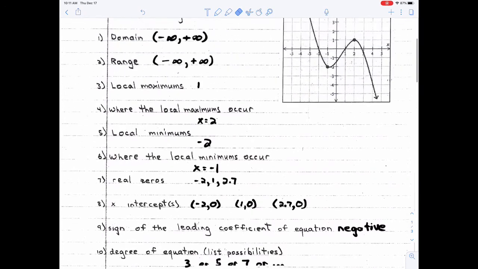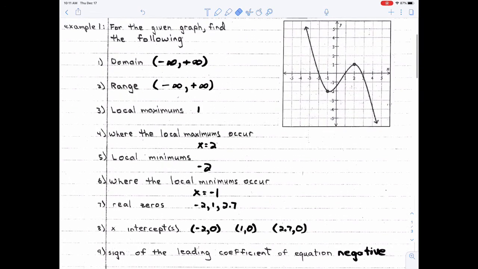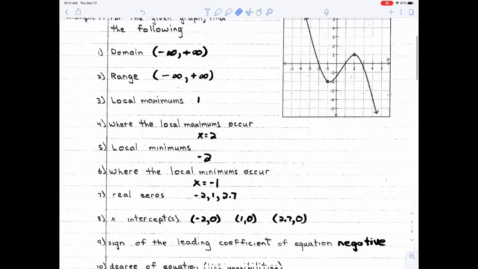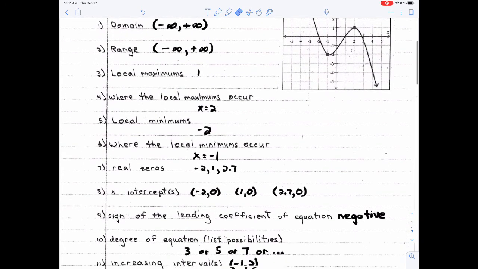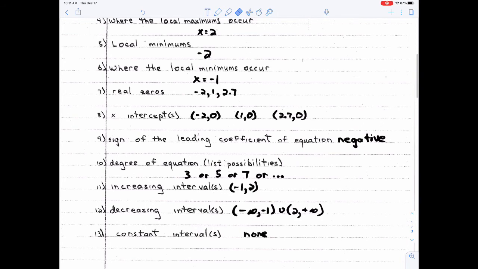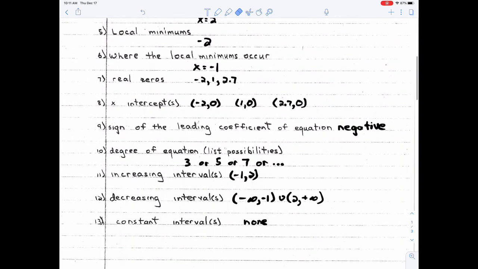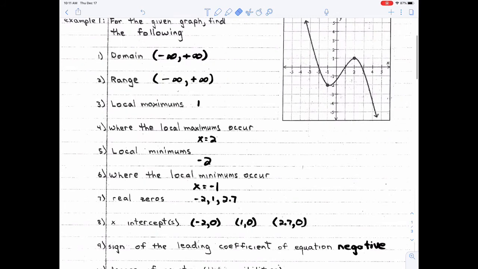So like in this case, it's going down from negative infinity to negative 1. Then it's going up from negative 1 to 2. Remember, these are x values. And then it's going down from 2 to positive infinity, and positive infinity meaning out there. Not going down. These are x values.